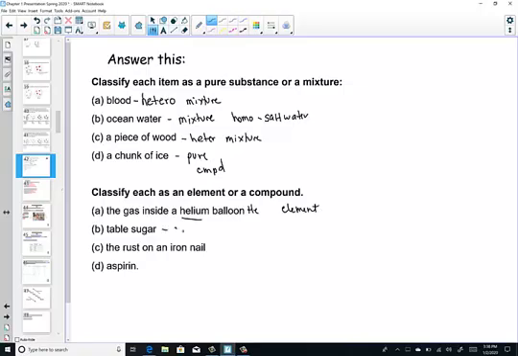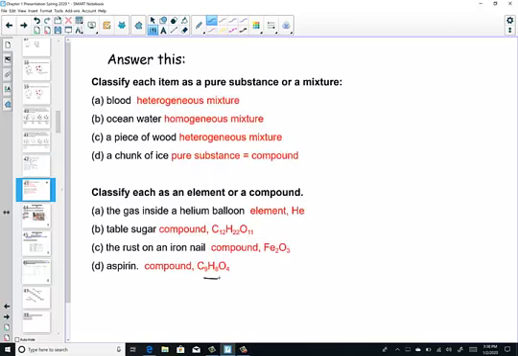Table sugar is a compound. We're learning it's called sucrose, C12H22O11. The rust on a nail is a compound, again discussed. It has a chemical formula, Fe2O3. An aspirin is also a compound. It is composed of a variety of different elements, carbons, hydrogens, and oxygens to be specific.